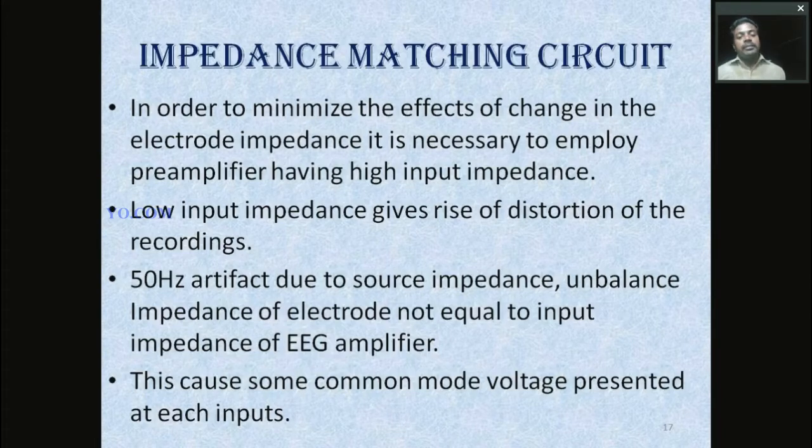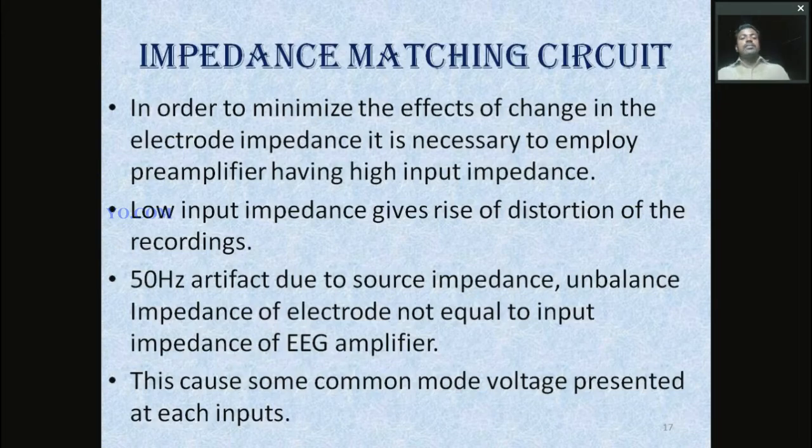Then what will happen? The impedances are not matched. If the impedances should be matched, we have to use the same impedance between the input of the amplifier and the output of the electrode.